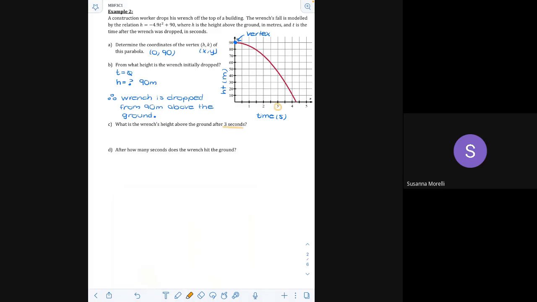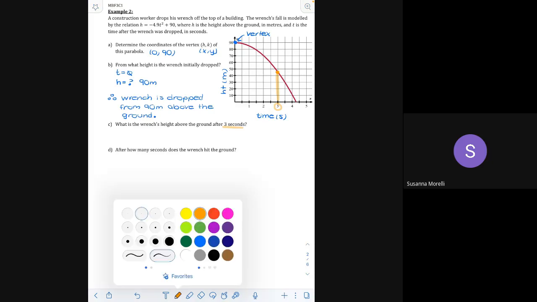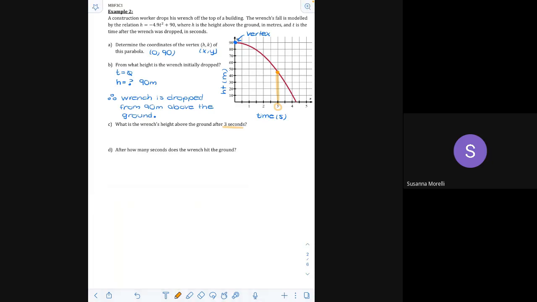We're going to take our pencil, move up, and hit that parabola there. Then we're going to do the best we can to draw another straight line over to the y value so we can estimate the height.